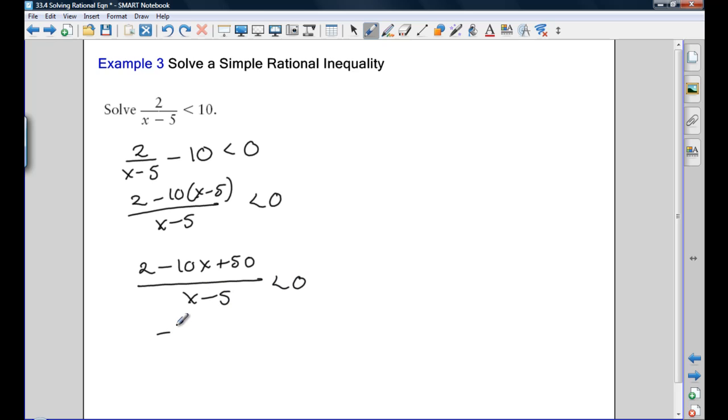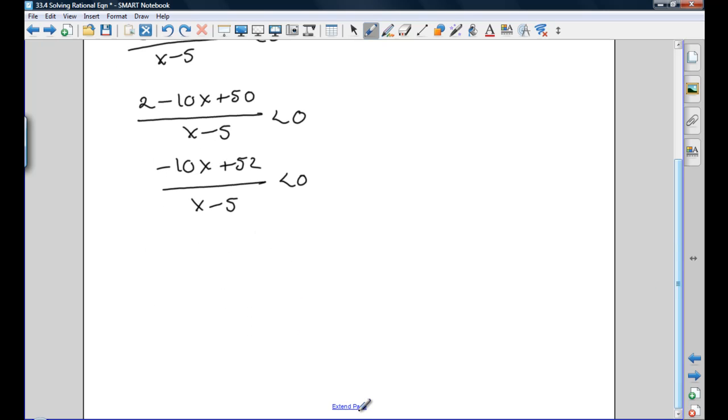And then finally I have negative 10x plus 52 all over x minus 5. Now at this point we're almost back to that pseudo technique. What I want you to do is, just for a moment, think that that inequality is an equal sign. And if you were solving this using an equal sign, this is what you would do.